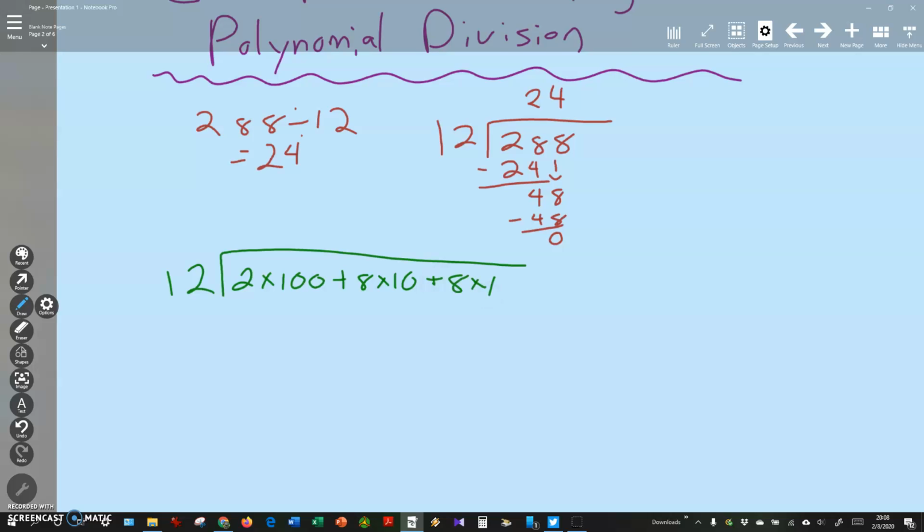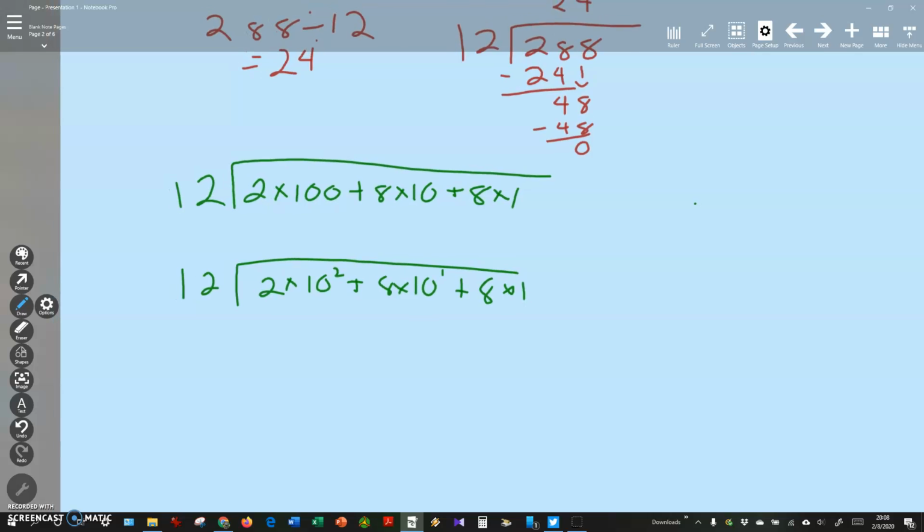We could also write it, if we want to be a little fancy, as 2 times 10 squared plus 8 times 10 to the first power plus 8 times 10 to the 0 power, or we can just leave it as times 1 here.